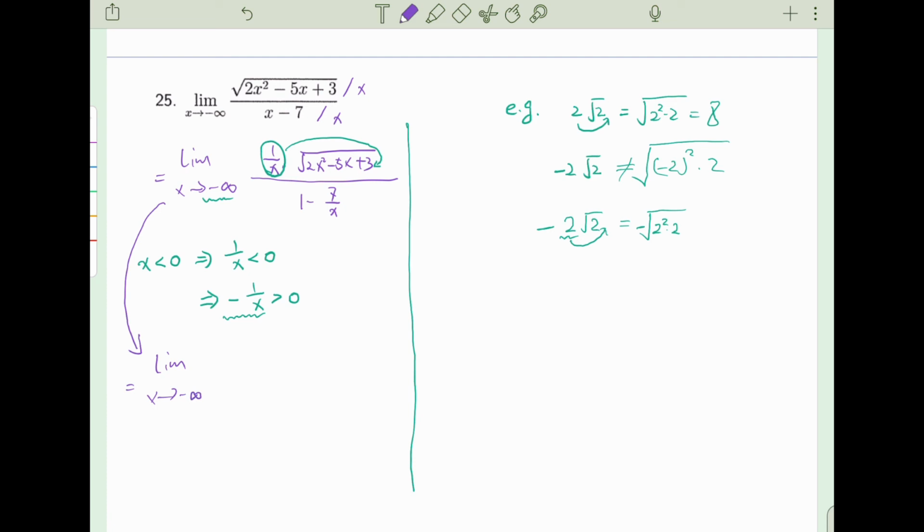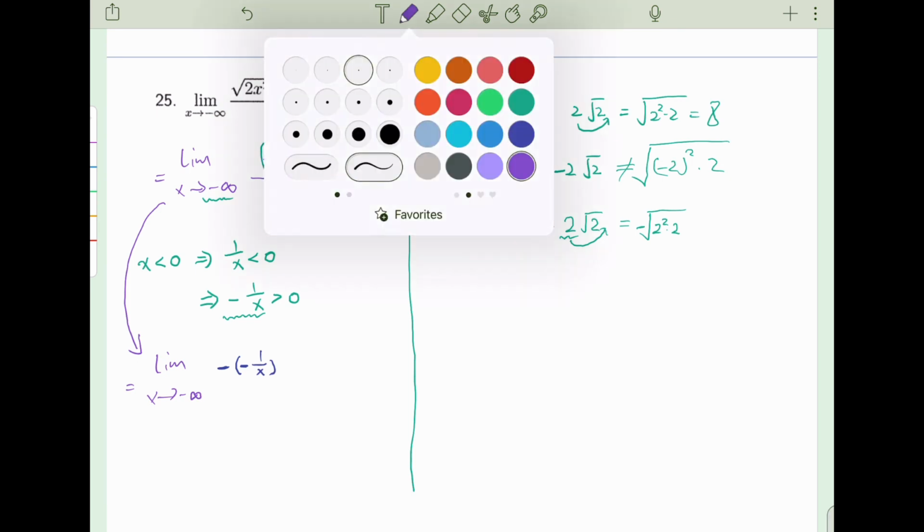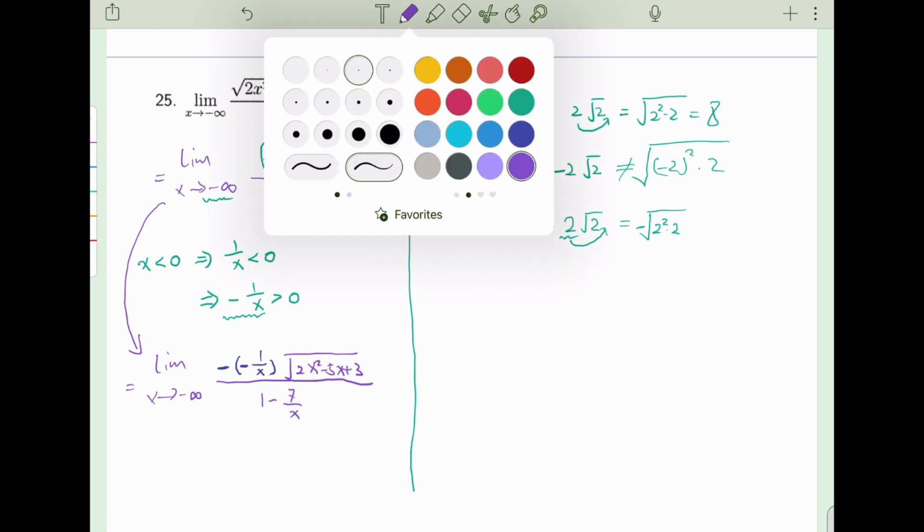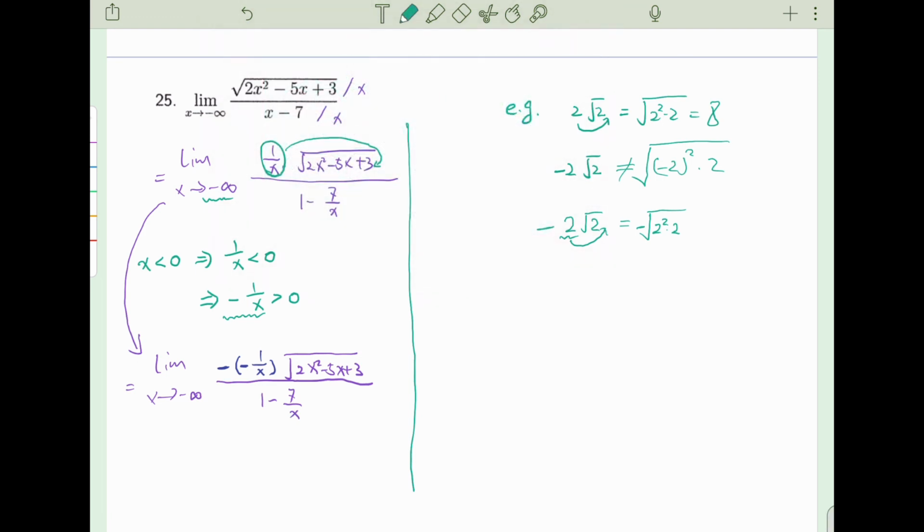I place a negative sign here and another negative sign to cancel with it. So this 1 over x is now written as negative of negative 1 over x. And since negative 1 over x is greater than 0, we can let this green box go into the square root by squaring it.